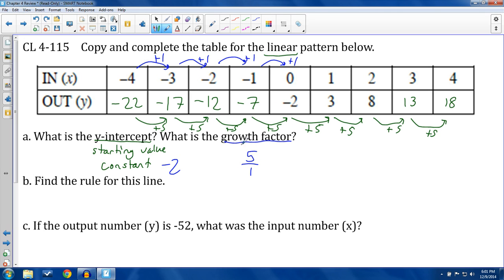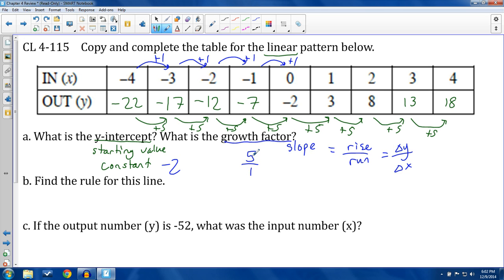If worse comes to worse, and x is growing by 2 or 3 or 7 or -20 or whatever it is, you can always say what the other word for growth factor is, and that is slope. Your slope is your rise over your run, and rise is in terms of y, your change in y. That triangle just means change over your change in x. How much is it going up? How much are the y's growing? 5. Over how much are the x's growing?